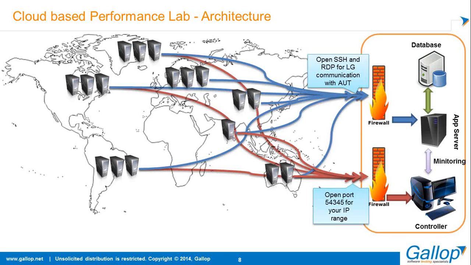The two ports that are open there: the load generators are communicating with your AUT, and the controllers are communicating with the load generators with 54345 port number. But the moment you take the controller out of this particular firewall and take it to the cloud, you'll need to meet the challenges of getting the monitoring data exchange done between your app servers or the monitoring agents and the controller.